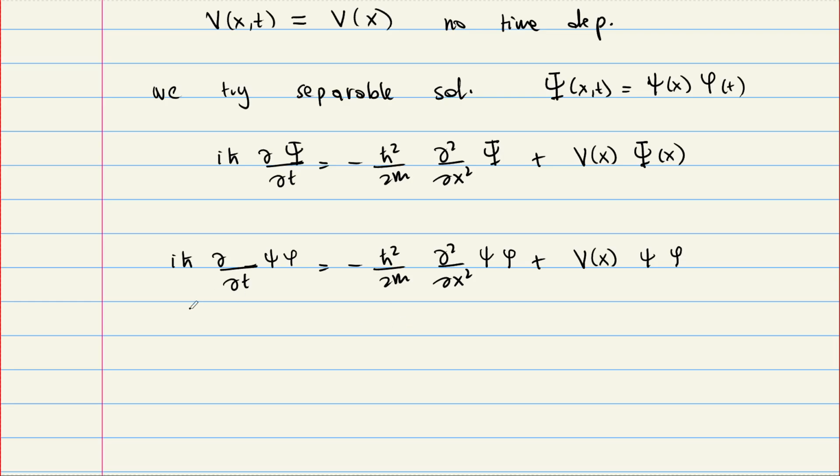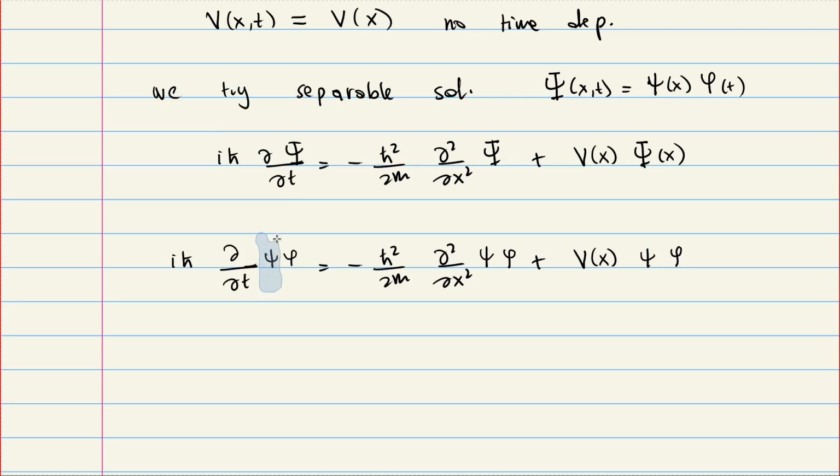Now I look at this side. This is a derivative del t, and this derivative is going to find something that depends on t. But psi does not depend on t, so I can just take this psi outside, right? Maybe I can do it in two lines, not to clutter too much.